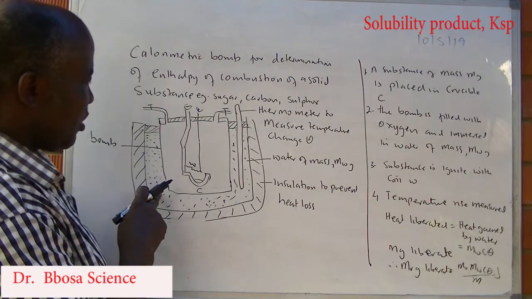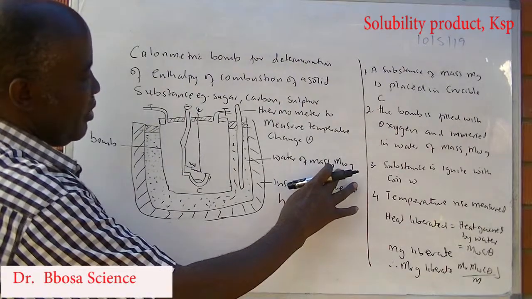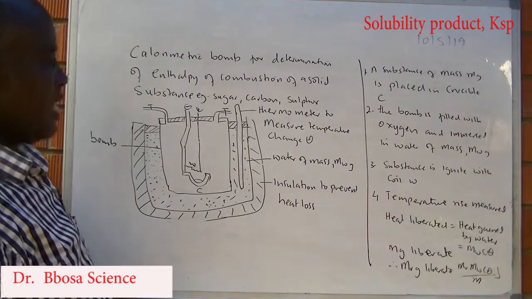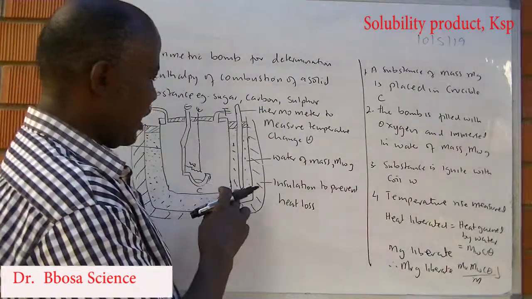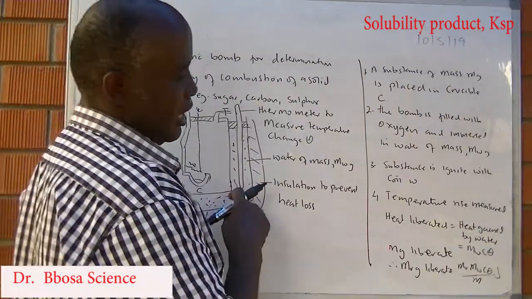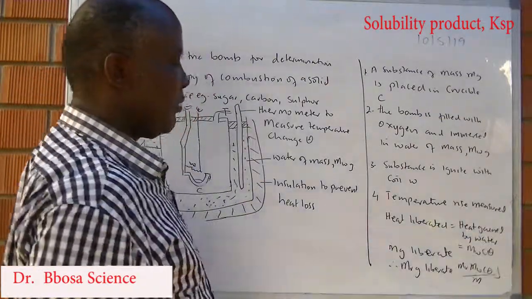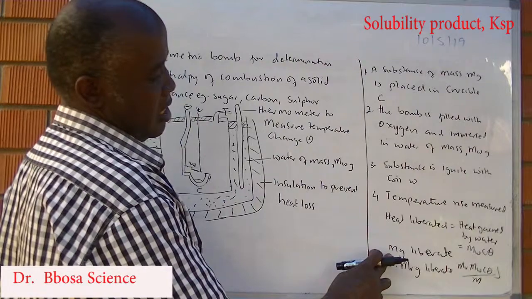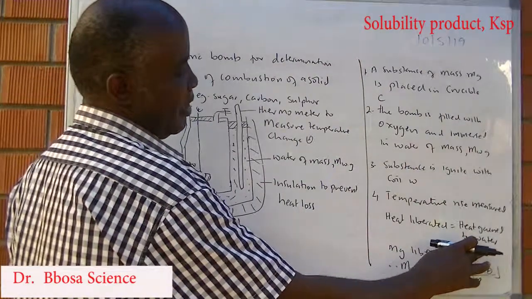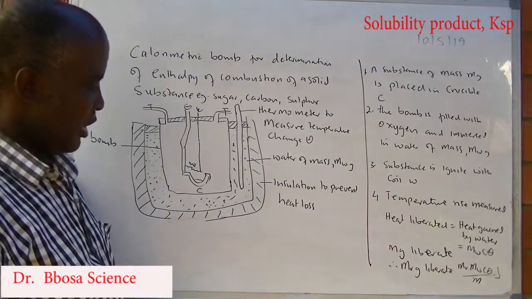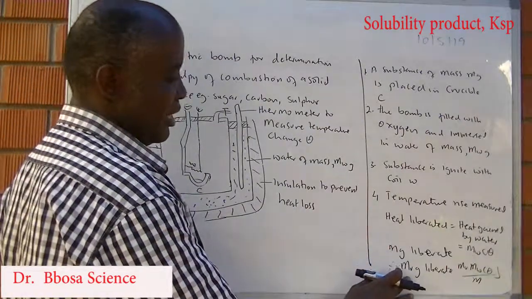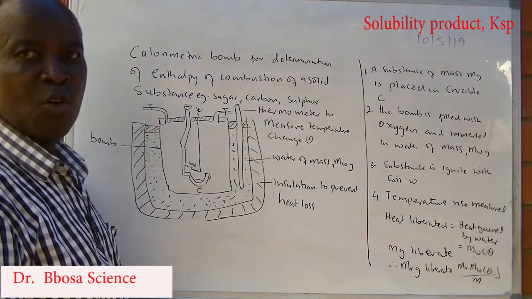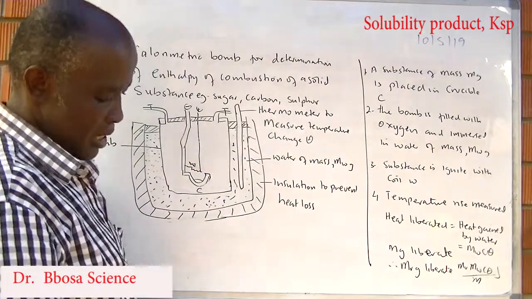The heat raises the temperature of water of mass mw through 50 degrees Celsius. Then the heat liberated by the substance is equal to heat gained by water. Heat gained by water is equal to mw c theta. It implies that m grams of the substance liberate mw c theta joules. Therefore, the molecular mass of the substance will liberate mw c theta Mr over m joules per mole.